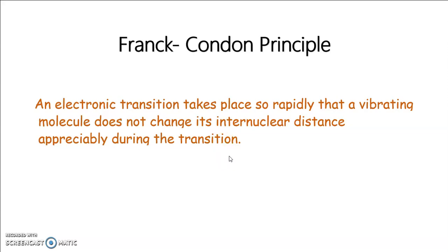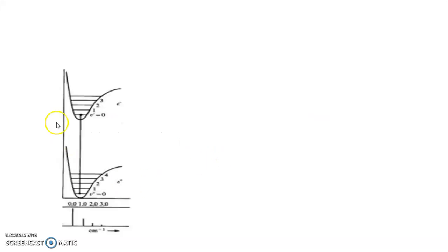This principle is, to a first approximation, true, since the electrons move so much faster than the nuclei that during the electronic transition, the nuclei do not change their position. Let us demonstrate the Franck-Condon principle for the electronic transition of a diatomic molecule.